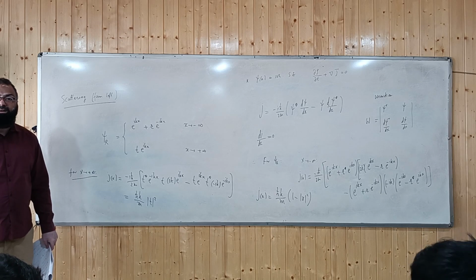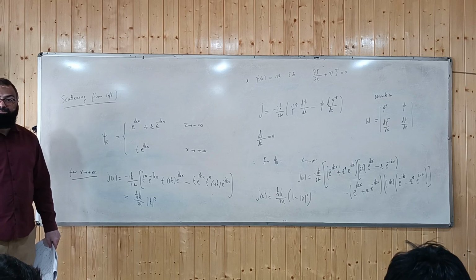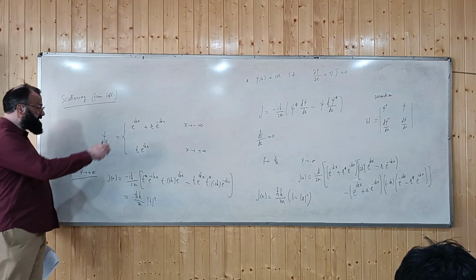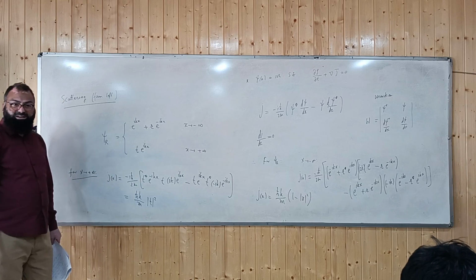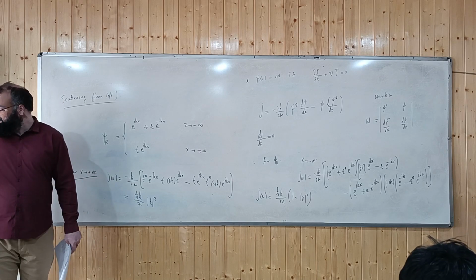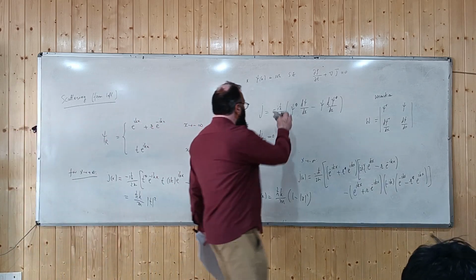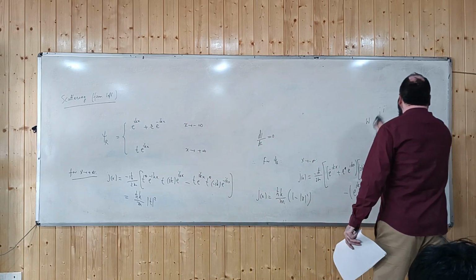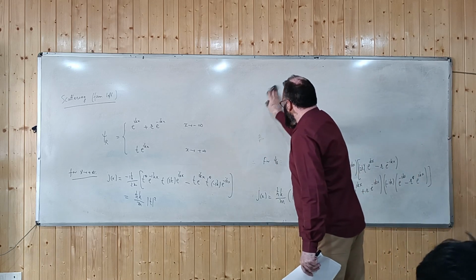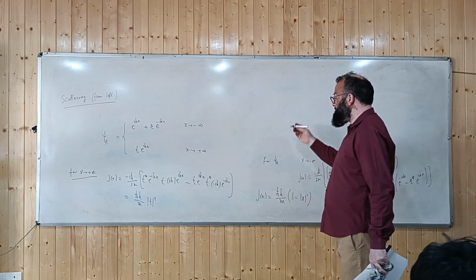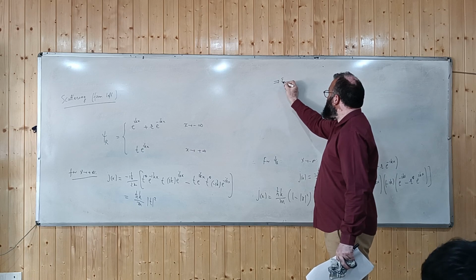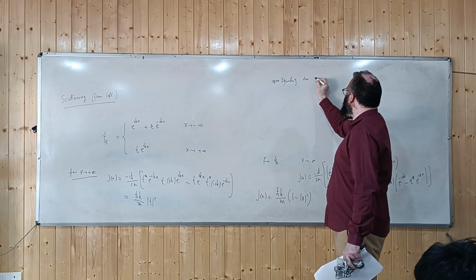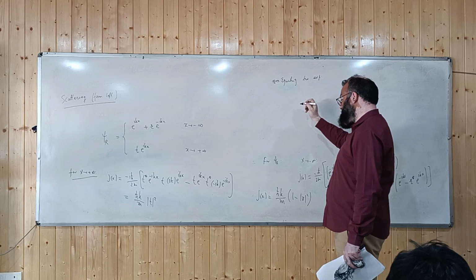Everybody followed it? Now if you are having conservation of the probability current for a given problem, what does it mean? The current on the left has to be the same as the current on the right. Clear? So let's equate the two expressions.